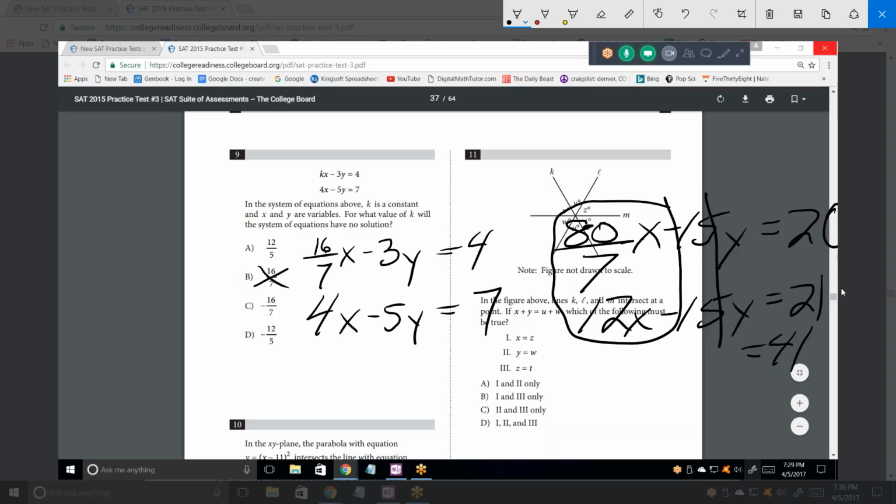We're looking for a number where I cannot come up with a solution. And that was 12/5. But all of these other numbers, I can come up with a solution. All I have to do is solve for one variable. Once I can see that I can solve for one variable, I'm done. I know that 16/7 is not the number I'm looking for.